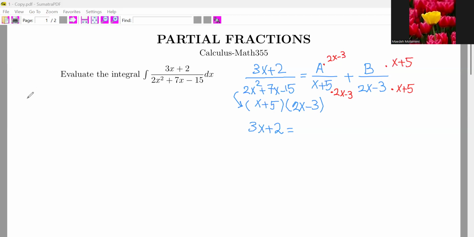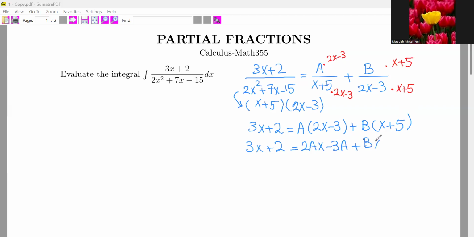So we wouldn't write the denominators because they are all the same. The numerators will be A times 2x minus 3 plus B times x plus 5. So the left side is still 3x plus 2, and the right side, if you multiply A to 2x minus 3, you would get 2Ax minus 3A, and the next one will be Bx plus 5B.